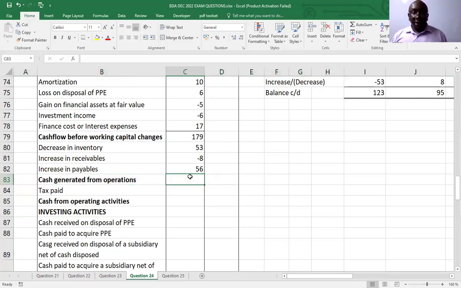So sasa ikiwa namna hii, unakuja hapa unasema this is equals to the sum of these ones. Close the brackets, press enter, tell me what you're getting.